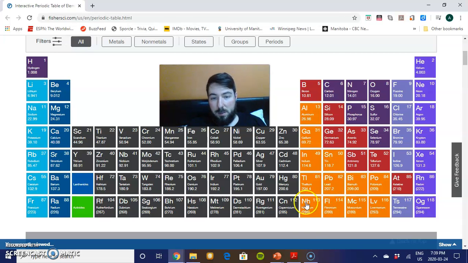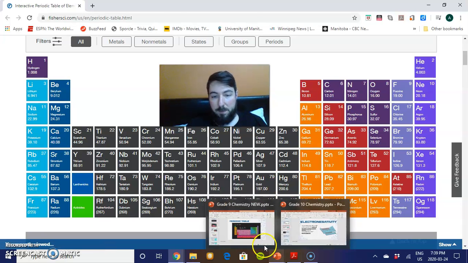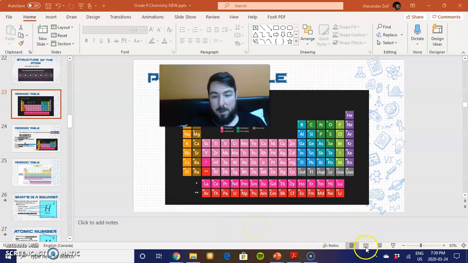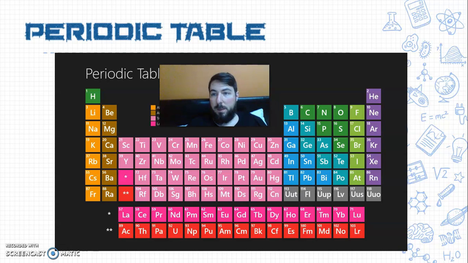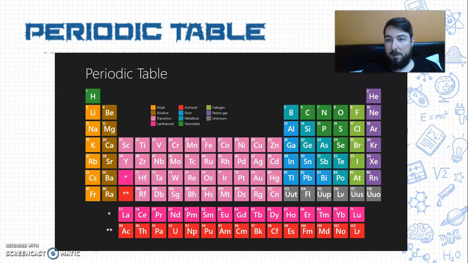So I'm just going to go through the notes here. I know that Monique talked about some of these individual numbers. We're just going to go through some of them again and explain them. So here's the periodic table again.